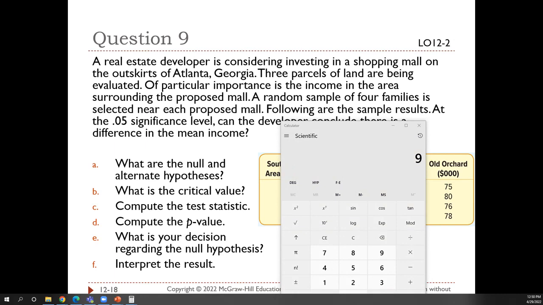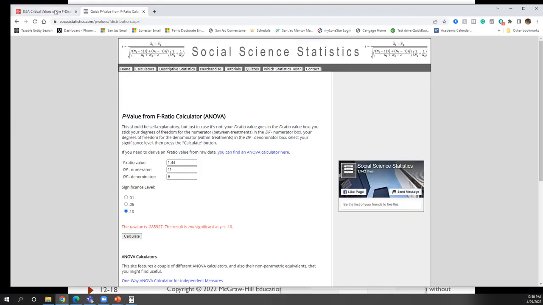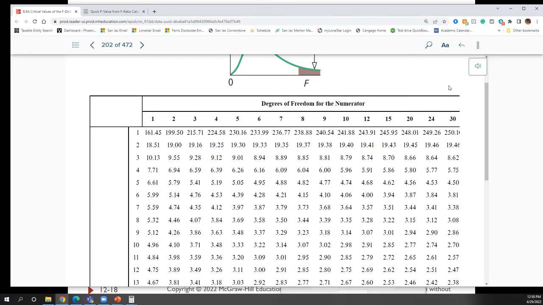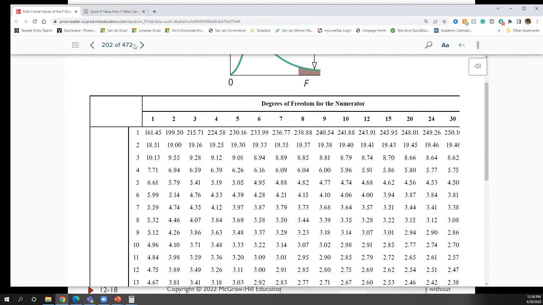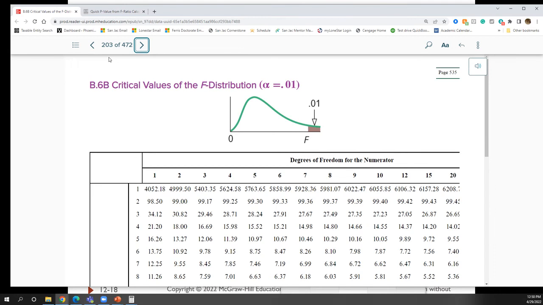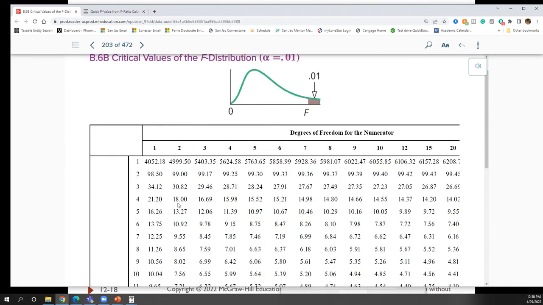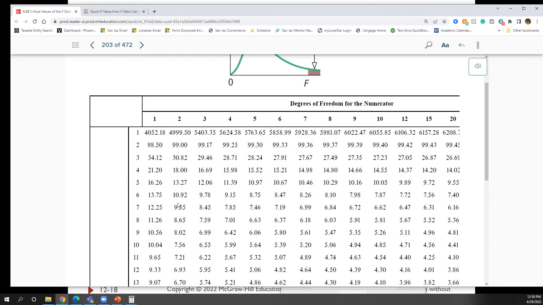So again, looking at our fancy table, and we're dealing with 0.05 significance level. We really have 0.1 and 0.05.